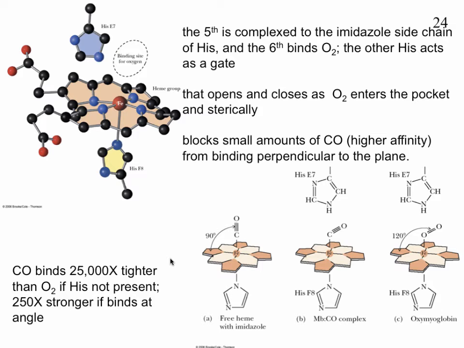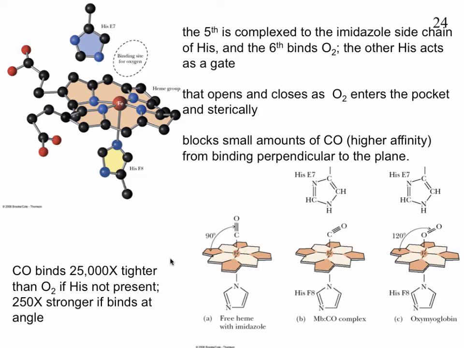Okay, so now we're going to talk about why this imperfect binding is beneficial. If myoglobin wasn't there and we just had that heme group, or if the histidine wasn't there, then the carbon monoxide could bind perfectly to the heme group. This would mean that carbon monoxide would bind 25,000 times tighter than oxygen.